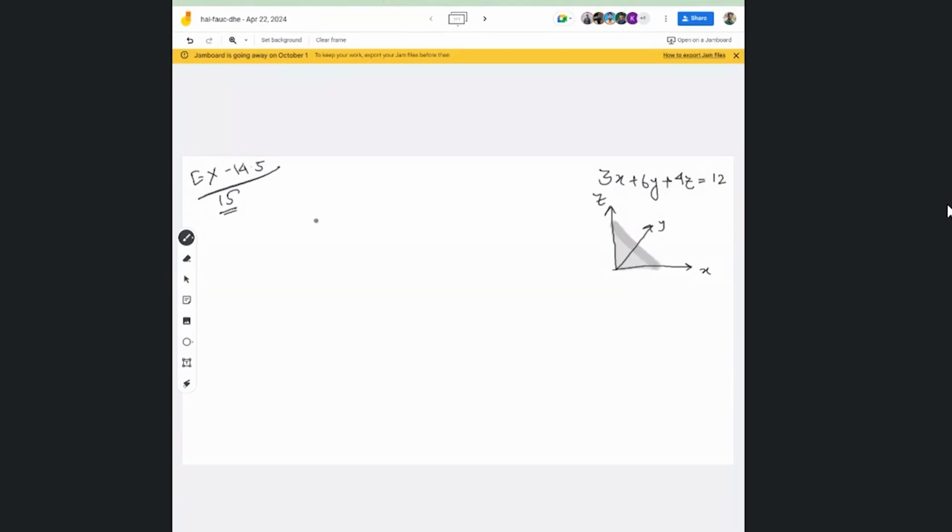You see, this is the plane, 3x plus 6y plus 4z equals 12. Within these axes and bounded by the plane, we have to evaluate a particular volume. We are just looking from one side; from the other side it would look the same. It is kind of a triangular region whose volume we have to find out.